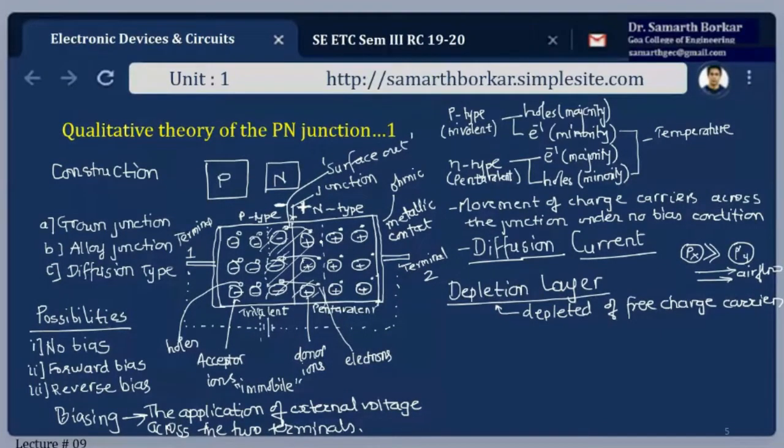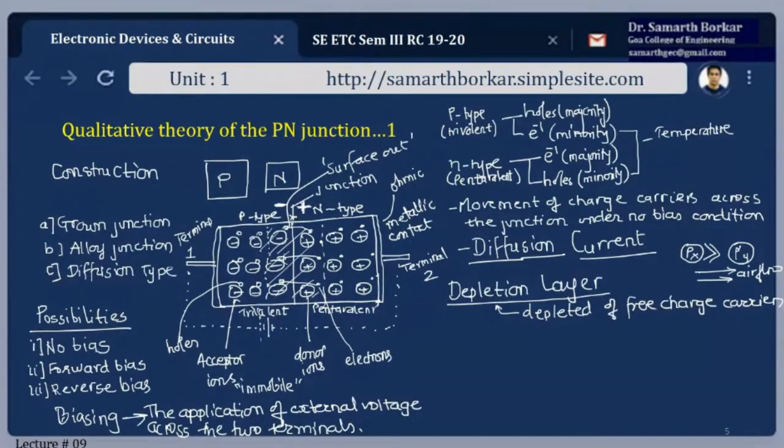Now, this process is referred to as diffusion, and the current is the diffusion current that we have seen. Now, this diffusion current is very important. We have to use it a lot while solving the numerical problems. And this diffusion current is because of majority charge carriers. Fine.